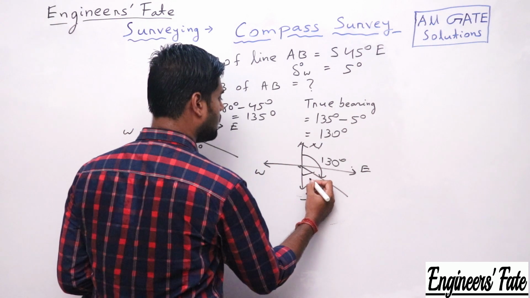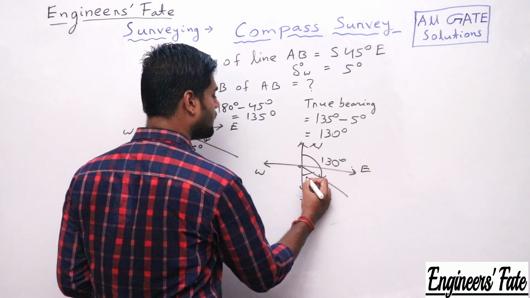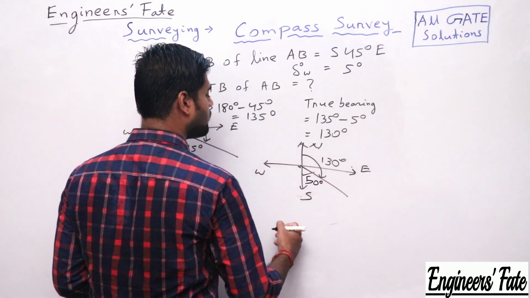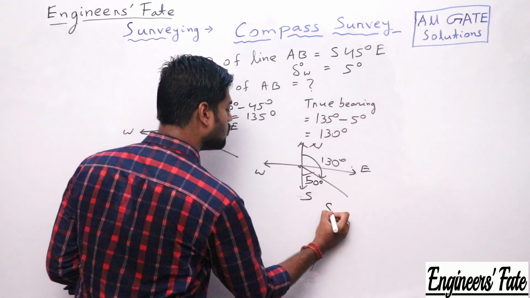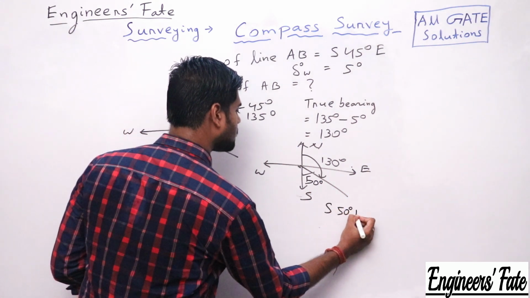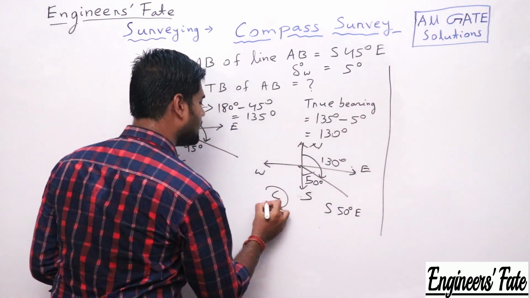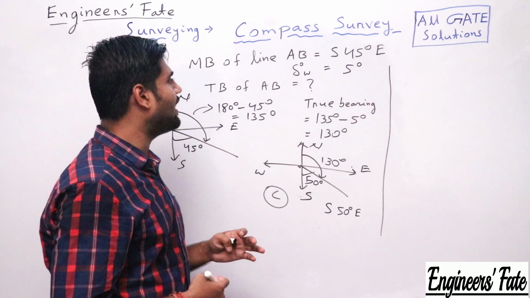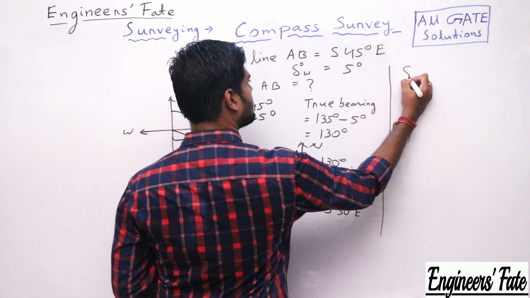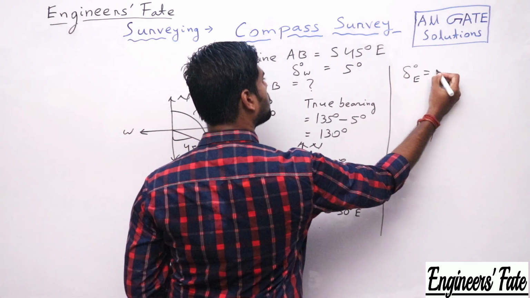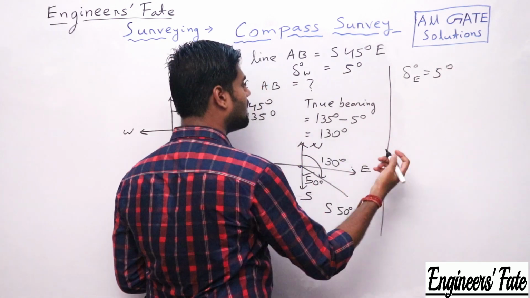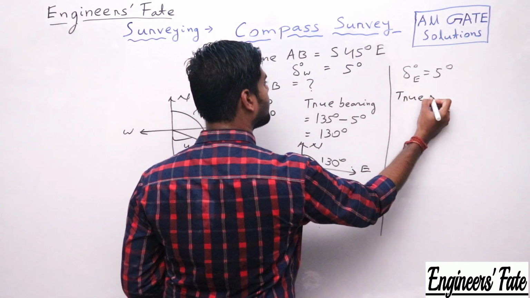This will be 180 minus 130 degree, that is 50 degree. So the correct answer will be south 50 degree east. So the answer is C. Suppose in the question he has given the eastern declination, that is delta E equal to 5 degree, then what will be my true bearing?